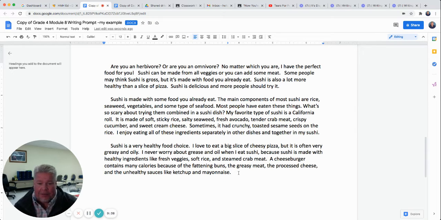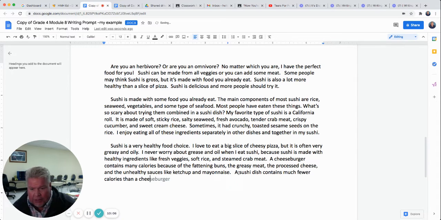Now, a sushi dish contains much fewer calories than a cheeseburger. And we'll tell why.